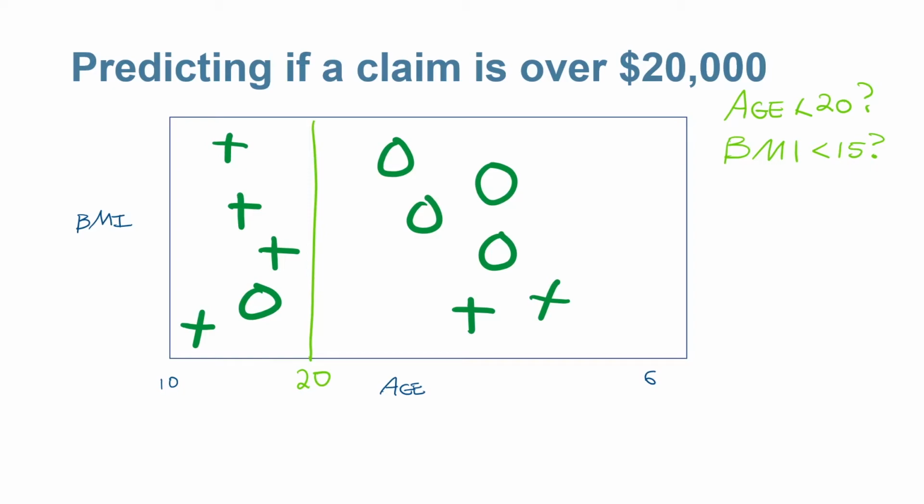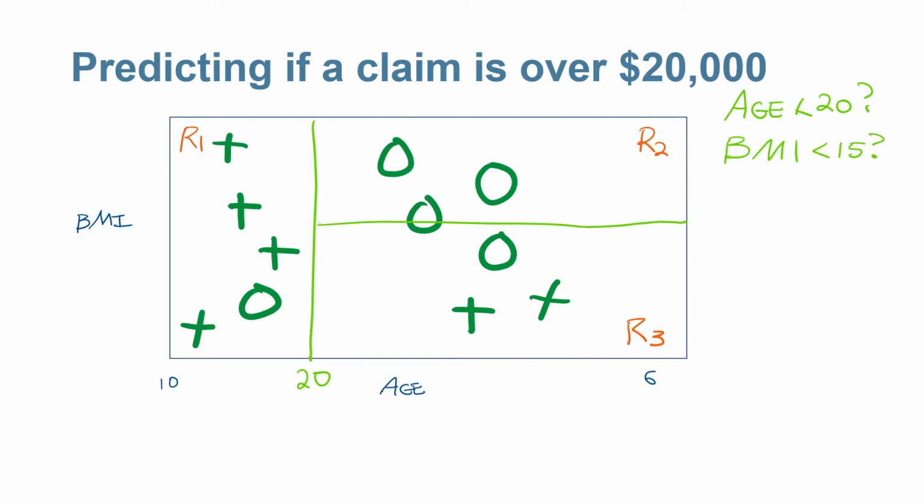So how do you know where the best places to put your cut points? Well, let's look again at age 20. If we create a second partition at BMI 15, we get all of these points in the upper right quadrant to be small claims.